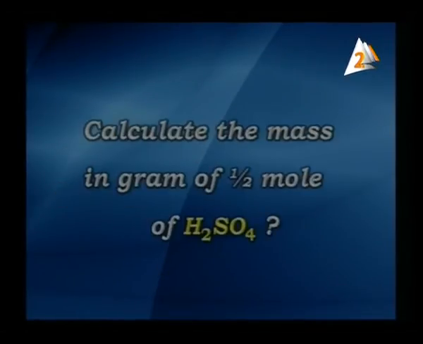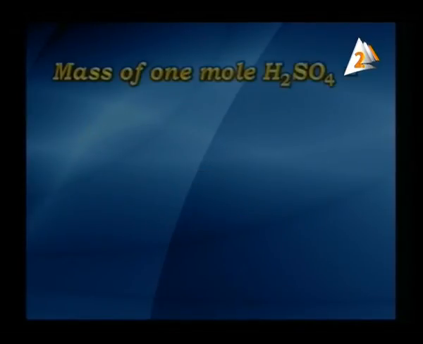But also you have to calculate the mass in grams of half a mole of H2SO4. What do you need for this? Here we need the molar mass of each of these elements: hydrogen equals 1, S equals 32, and O equals 16.